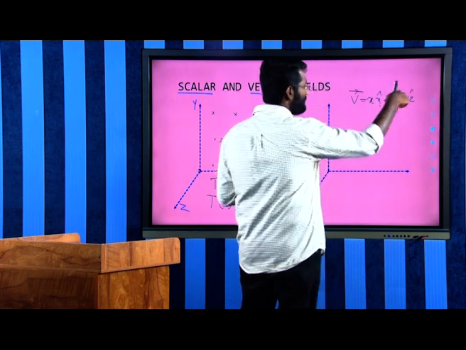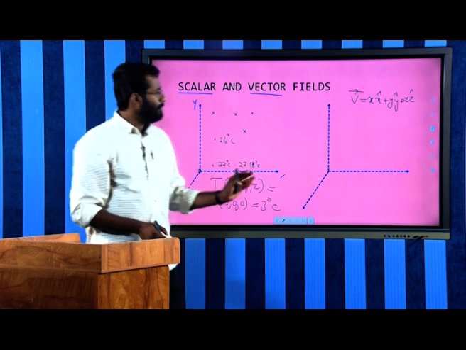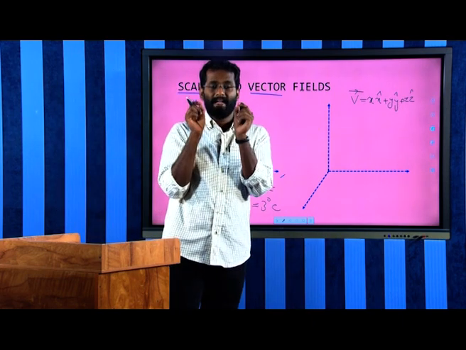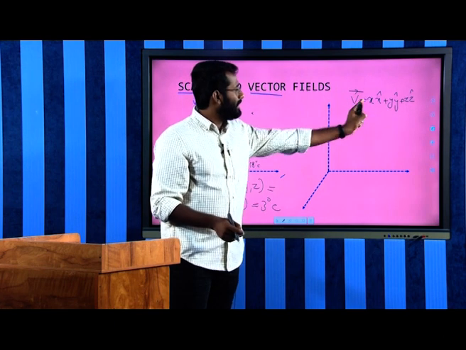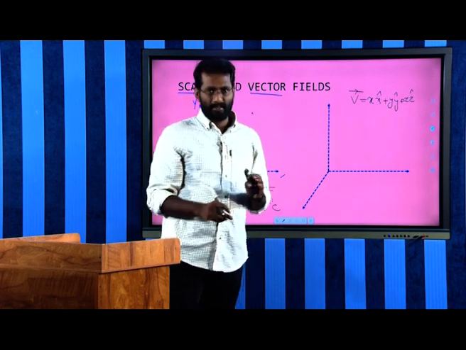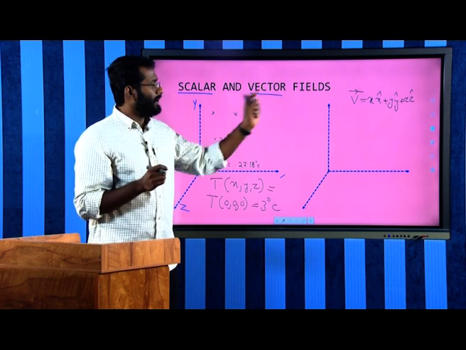Now, we know that x cap, y cap, z cap all represent the direction, and the value of that vector at a point is defined by the values of x, y and z. That means I can define it at any point and find the value of that vector.